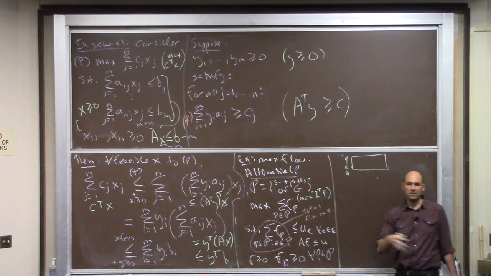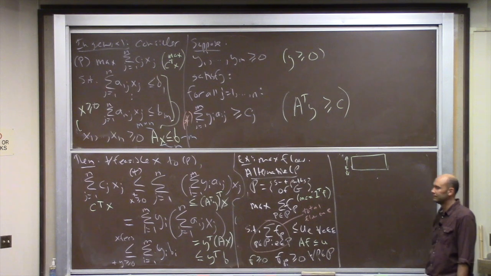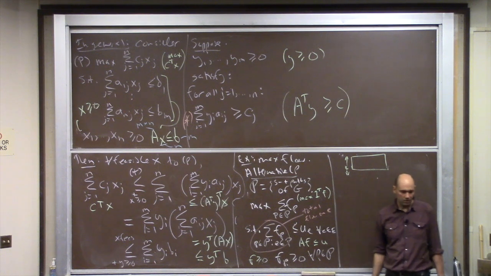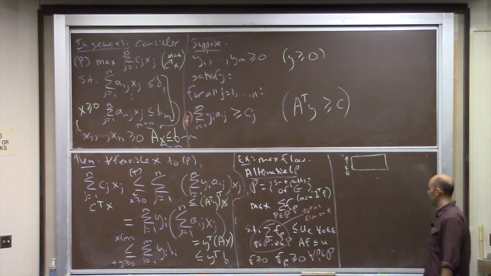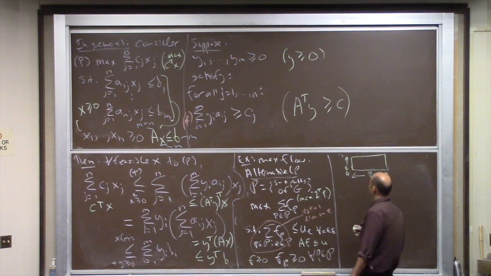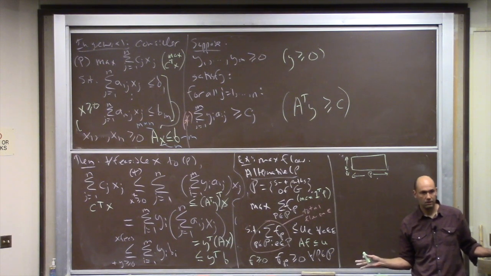What are the columns indexed by? The rows correspond to constraints. The columns correspond to decision variables. We have a decision variable for each path. Okay. So those are the dimensions of our constraint matrix.